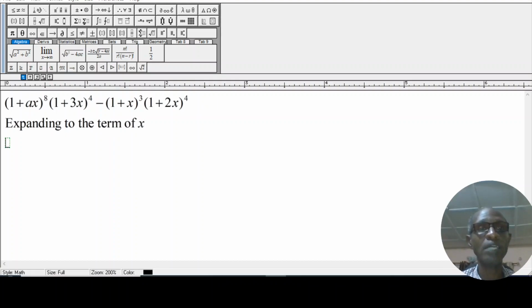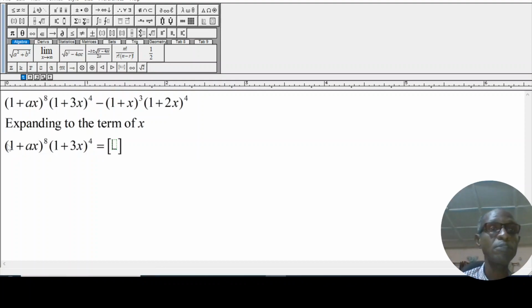So I'm going to start with this side. In expanding this, let me put these big brackets. For the first one, you have 1 plus 8 combination 1 into ax.